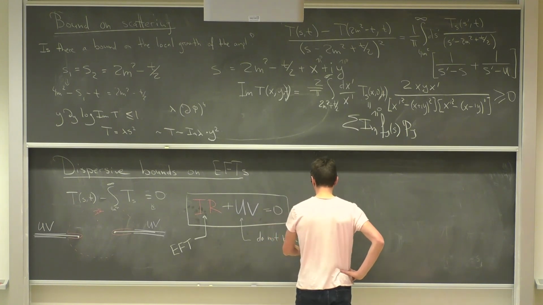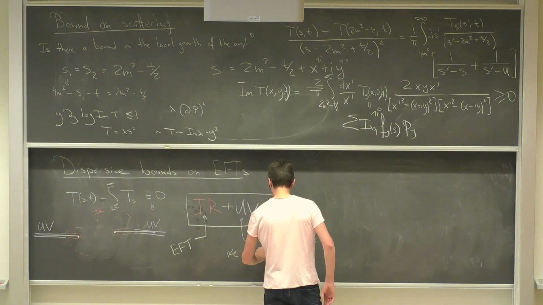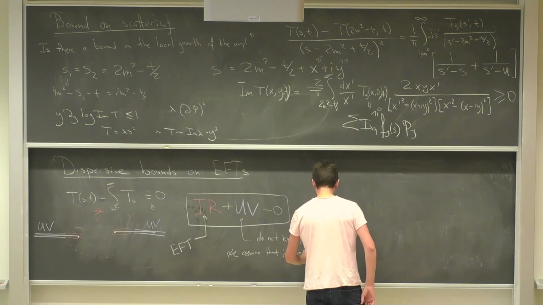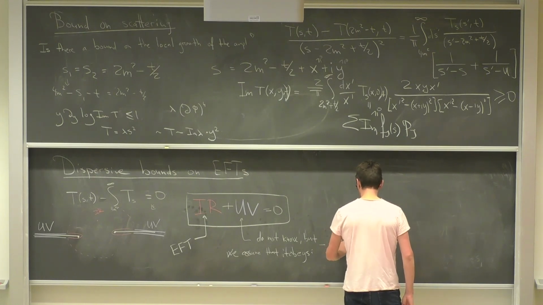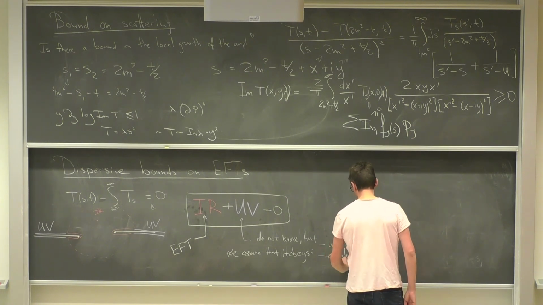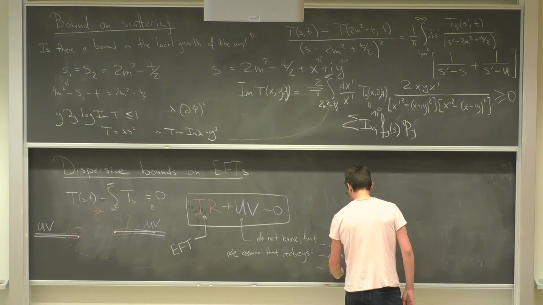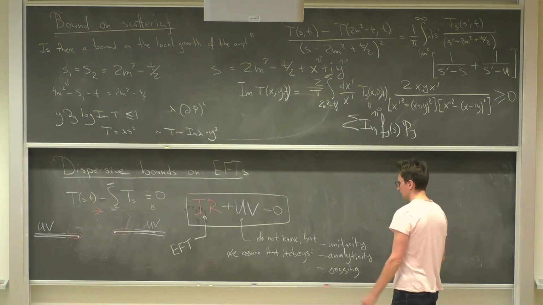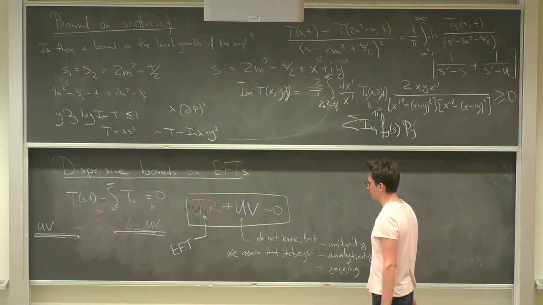But we assume that it obeys everything we learned in the first lectures. So unitarity: we assume that this theory is quantum mechanical. Analyticity: we assume that it's causal in some maybe generalized sense, and we assume that it obeys crossing. And now the question is, given these principles and given your effective field theory, what is the interplay?